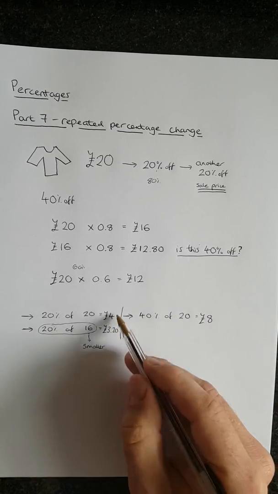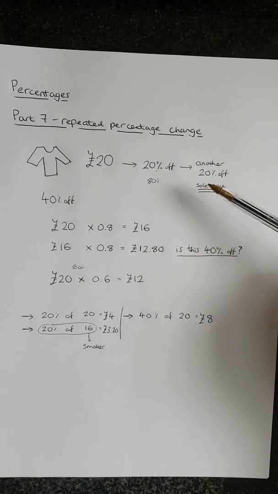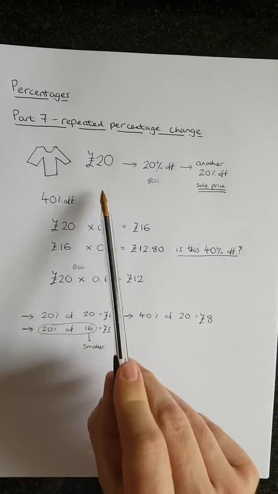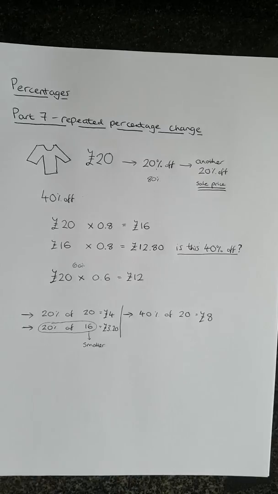So actually, the decreases are less. The key thing in the wording here was sale price. So you lost 20% off this price, and then you lost 20% off the sale price. So repeating the percentage doesn't actually do the same thing as you thought.